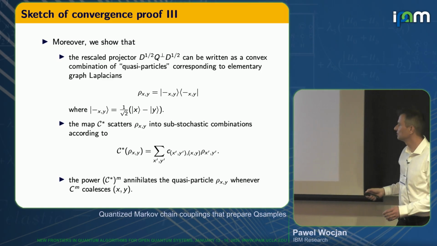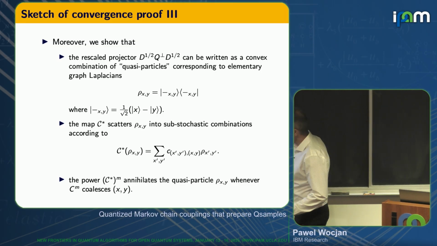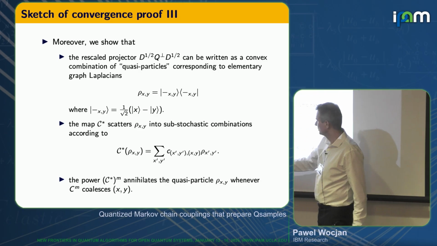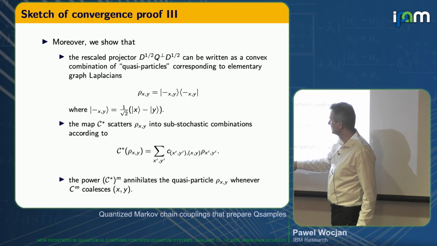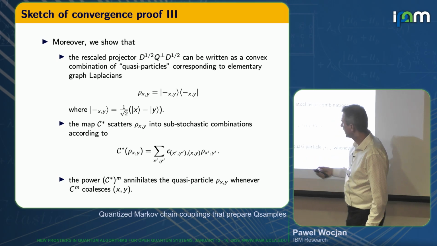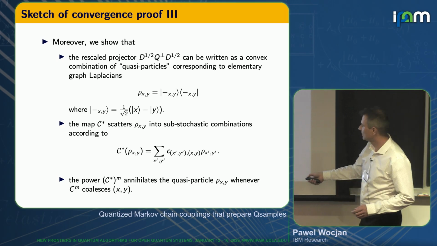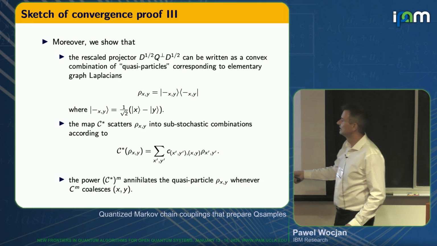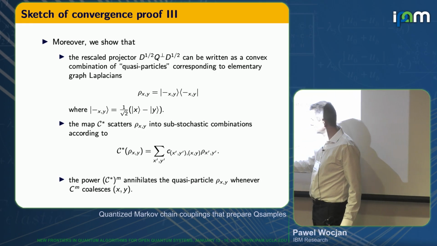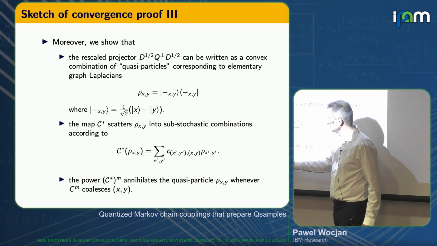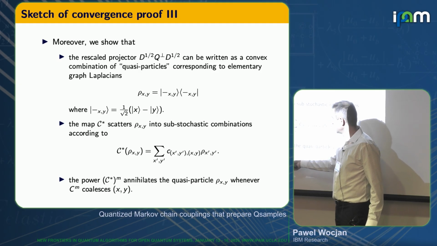What you can show is that the power C star to the power m annihilates this quasi-particle whenever the transition matrix of the coupling coalesces x and y.